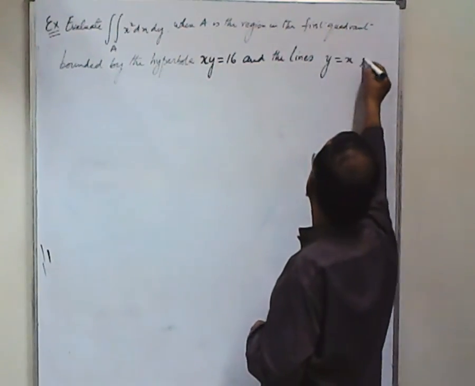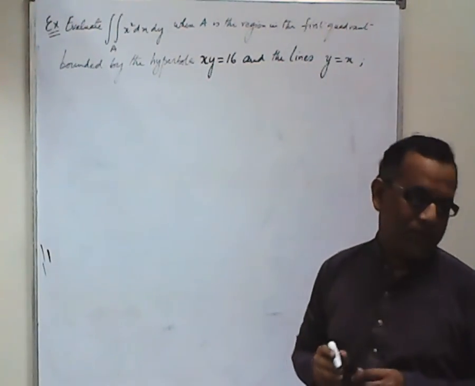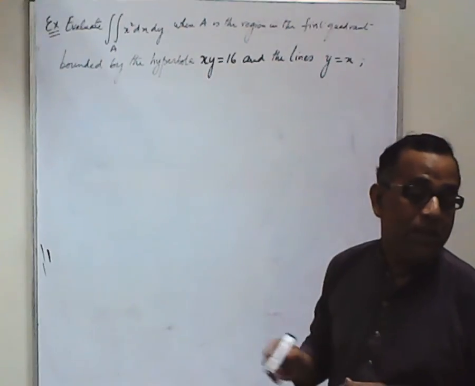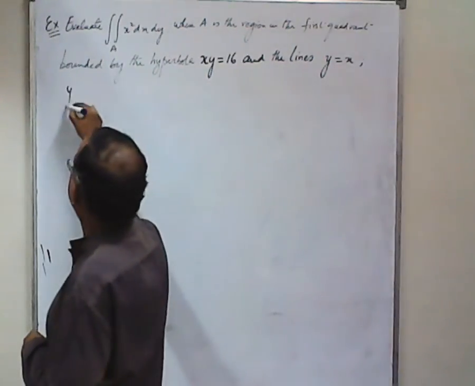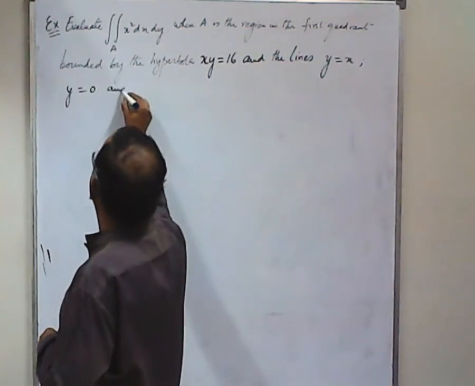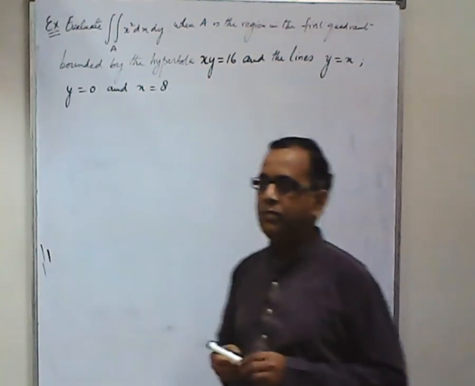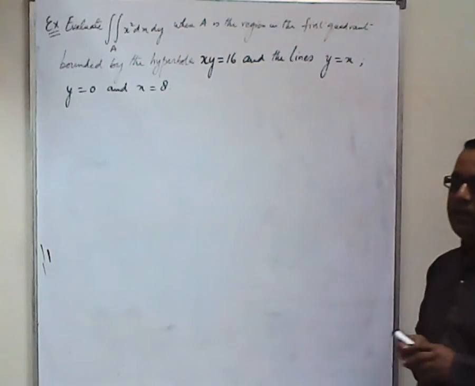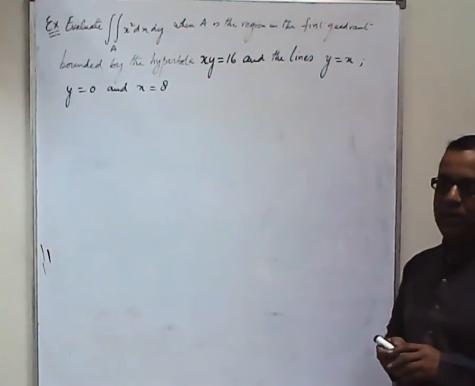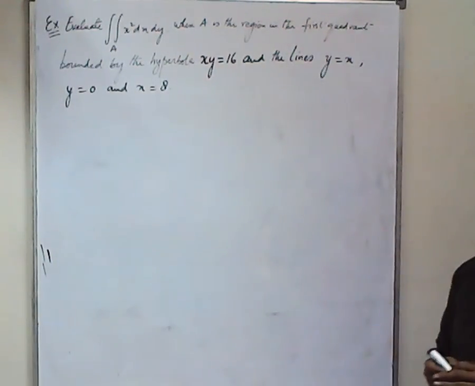One line is y is equal to x, other is y equal to 0, and x is equal to 8. So we have four different lines and curves to make that complete area.